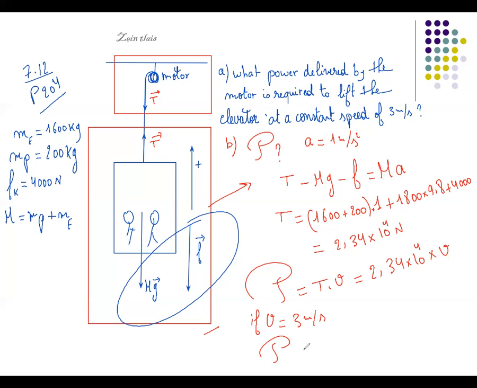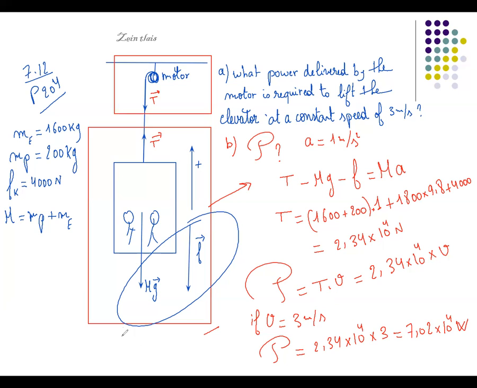In part A, we calculated T and we have v, but in part B, we calculated T, but v depends on the problem. Maybe let's take here v equals 3 meter per second. We get 2.34 times 10 power 4 times 3. We get 7.02 times 10 power 4 watt.